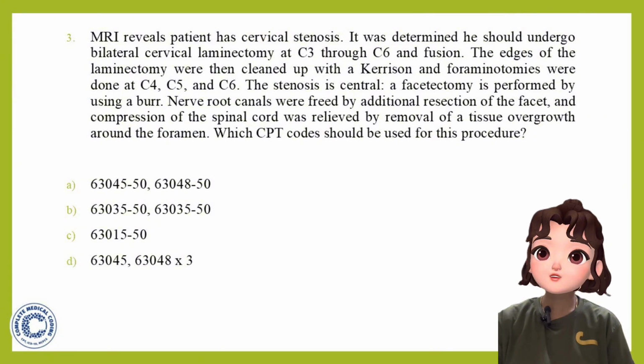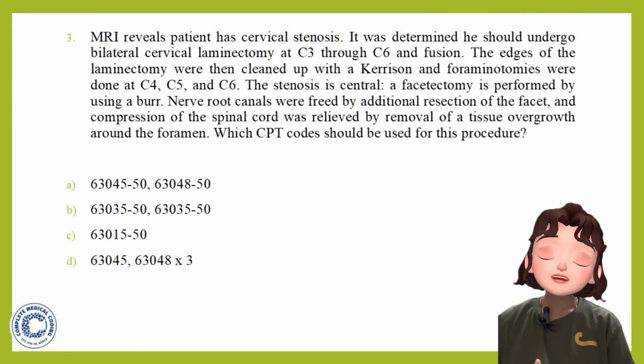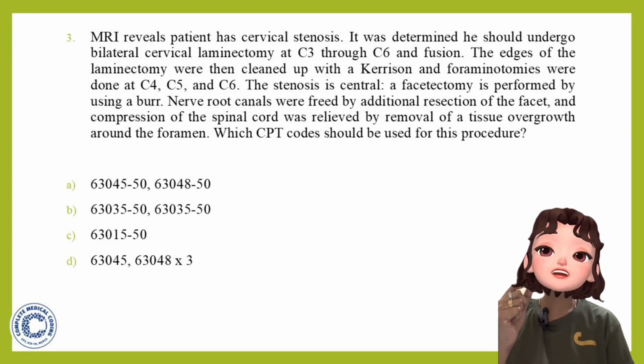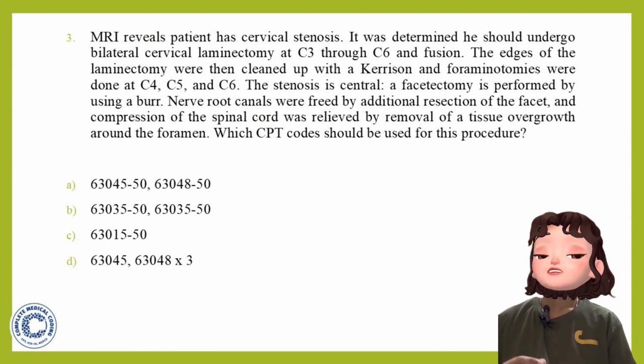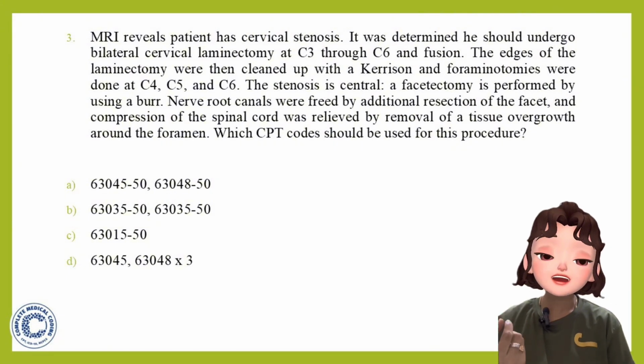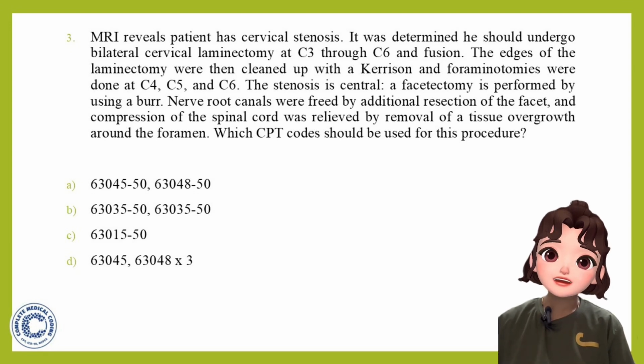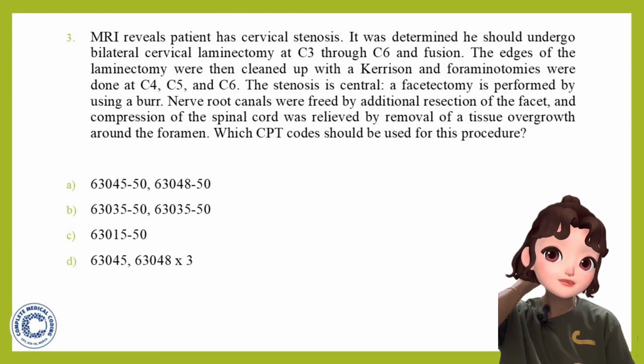C3 through C6. That is the laminectomy in the cervical segment performed in the question. So C3 through C6 means how many segments are present? C3, C4, C5, C6, right? 4 cervical segments are present, so you have to code for 4.